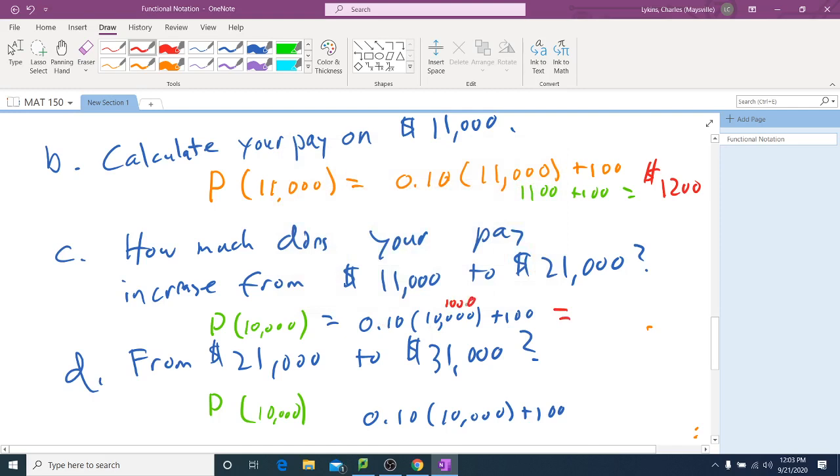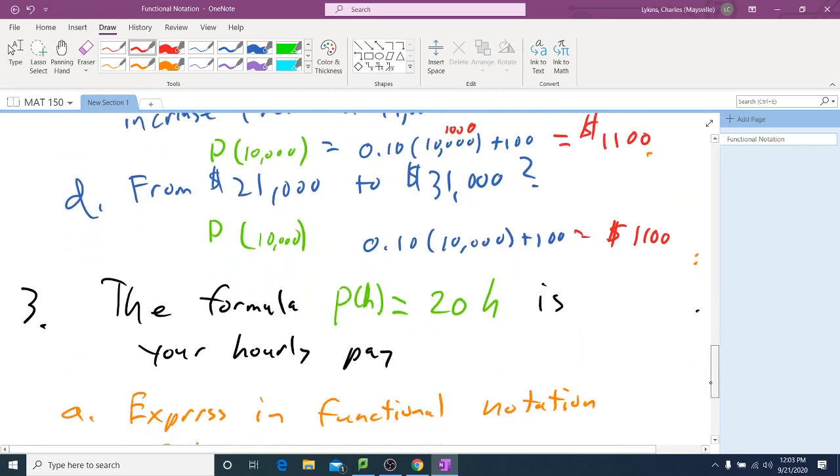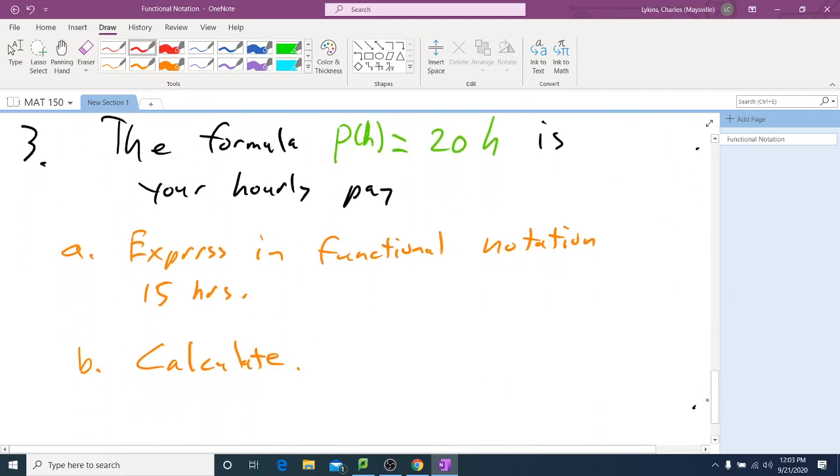So 1,000 plus 100 is $1,100. And that goes to both. So that means that in both of these ranges, your salary will go up $1,100.